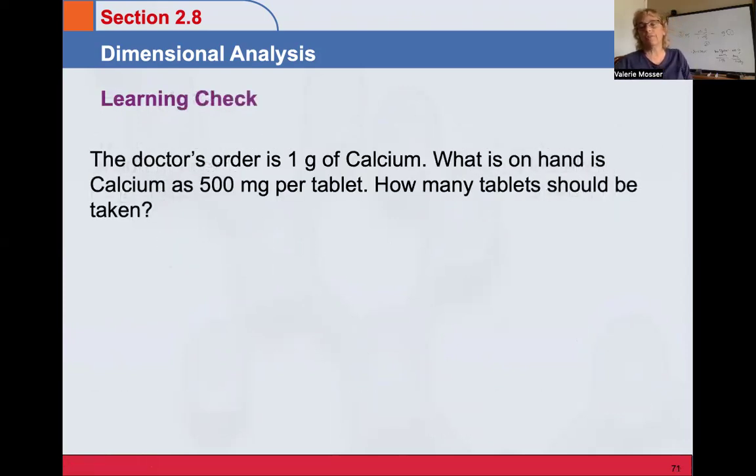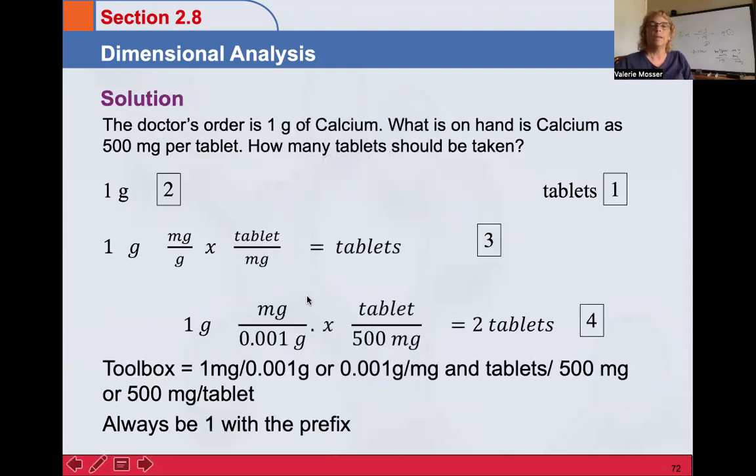So here's a learning check for you that's similar to the problem we just did. So again, we're trying to find tablets. We're starting with 1 gram of calcium. Our conversion factor is milligrams per tablet. So in this example, we have to convert grams into milligrams and then milligrams into tablets.